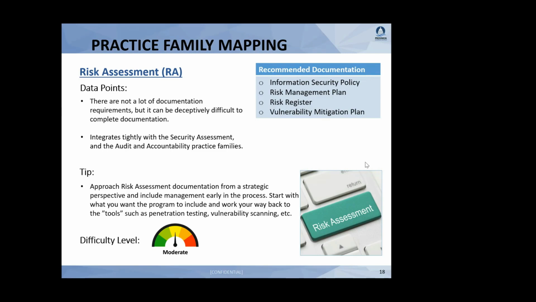So, like I said, it doesn't have a lot of components to it, but the components that you have to build out for this one can be difficult. So this is where you may want to reach out for someone for help if you don't have a plan already in place and documented.